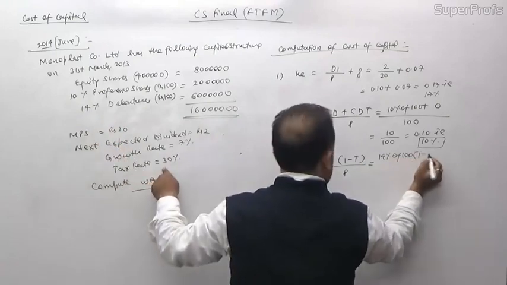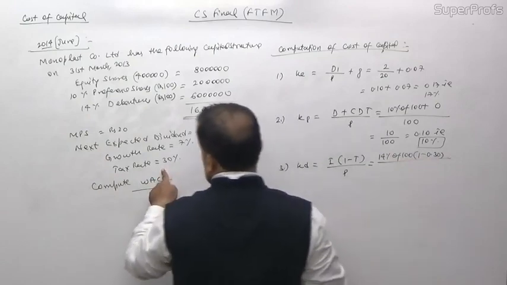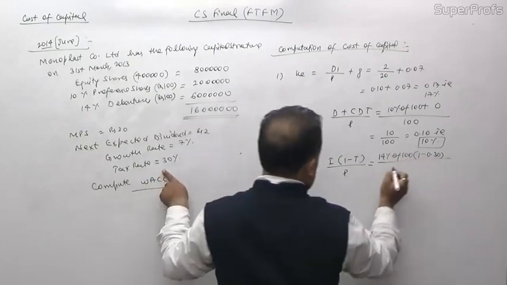1 minus tax rate, which is 30%. P stands for flotation price or market price or face value.